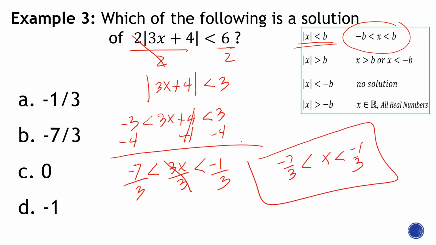Okay, but we need to answer the problem. Which of the following is a solution? Obviously, these are not the solution because they are not part of the solution because of the less than symbol. How about 0? Just to give you an illustration, here is 0, negative 1/3 is somewhere here.